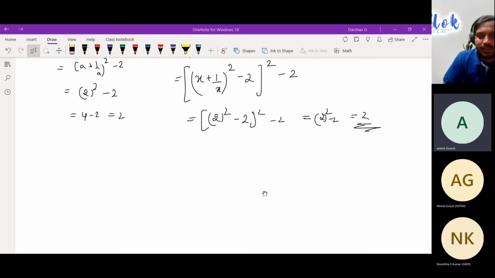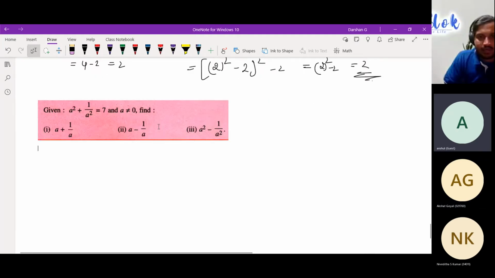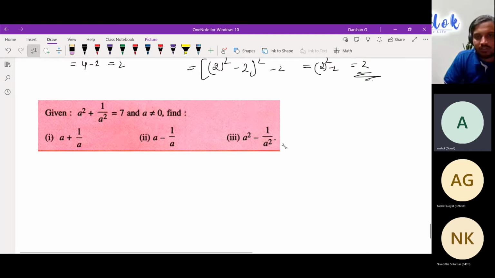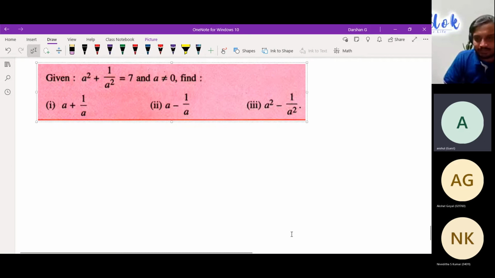Okay. So next one, I think you will solve it. Next question. So first one for Anshul, second one for Nivedita, third one for Akshat.